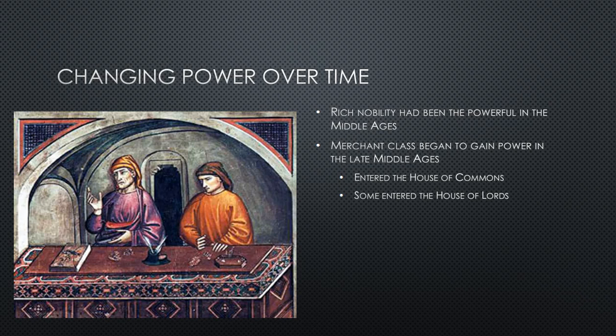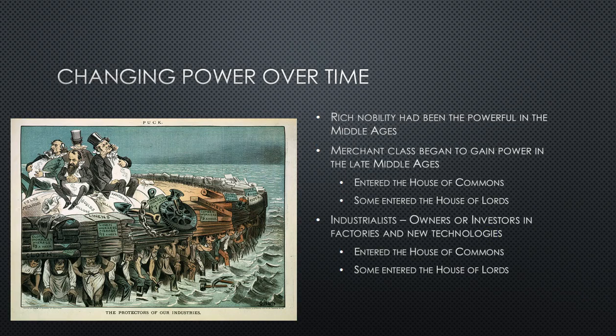And we're going to see a similar phenomenon during the Industrial Revolution. There was a rise in wealth and power of a new class, and this class was made up of people we call industrialists. Now, industrialists were the owners or investors in factories and in the new industrial technologies that were being developed.